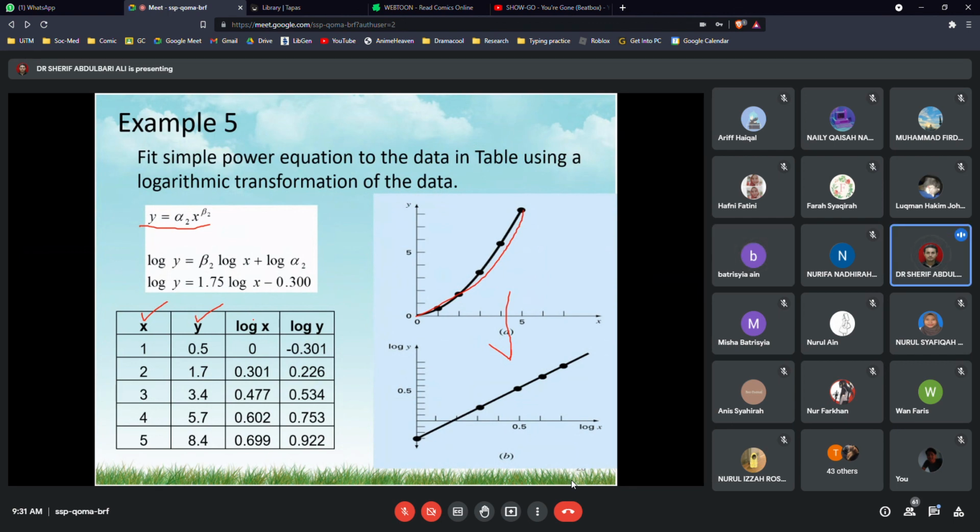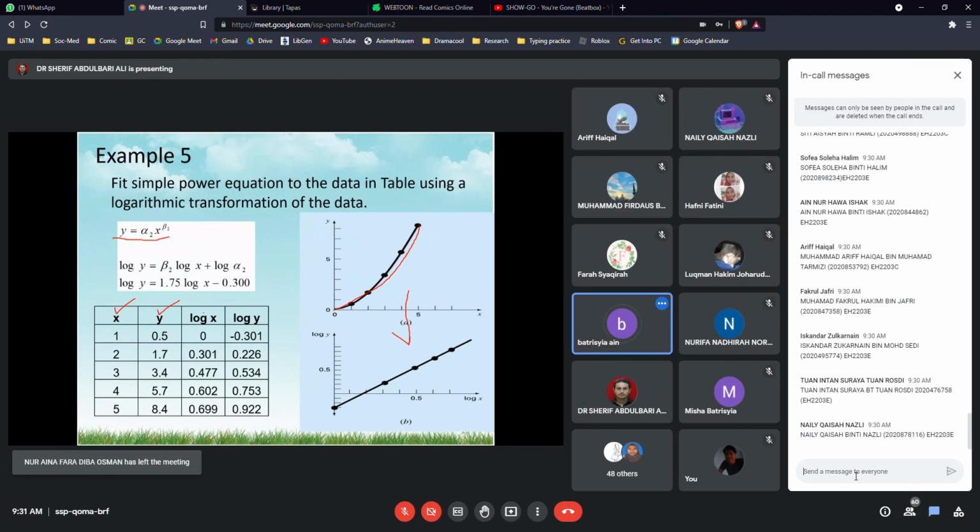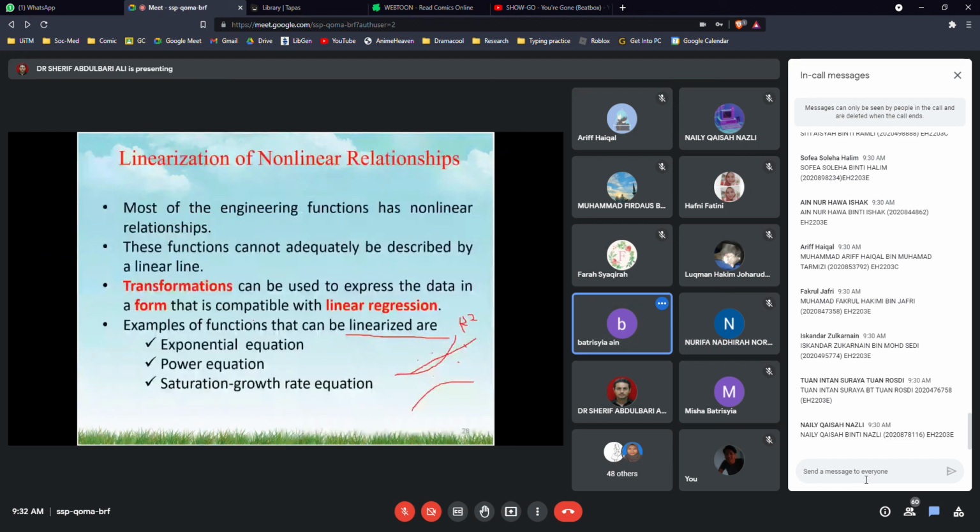You mean my Excel file, you mean? You mean this one? In the slide. This is the slide. The one before the linearization example of nonlinear, the slide before example 5.